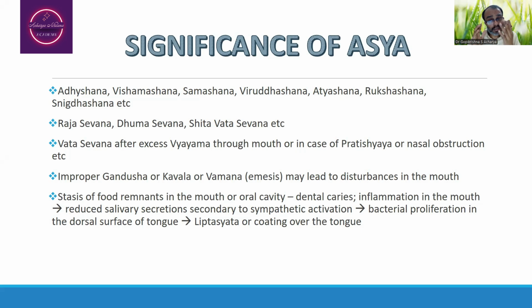The reason the dorsal surface of the tongue gets the deposition is that the parotid gland has its opening at the second upper molar teeth. When parotid gland secretion is less, it leads to liptasyata, or coating over the tongue.